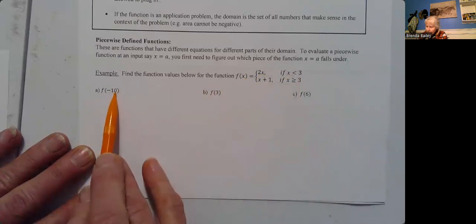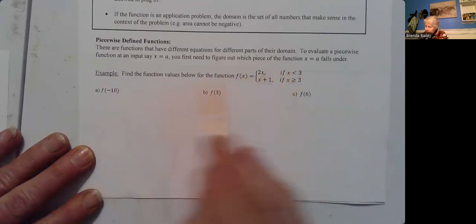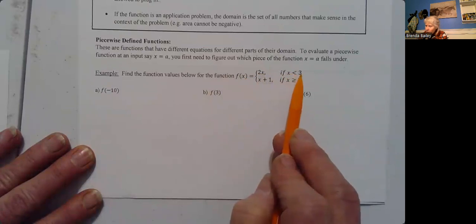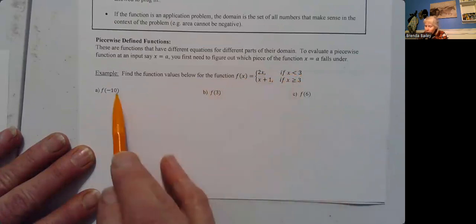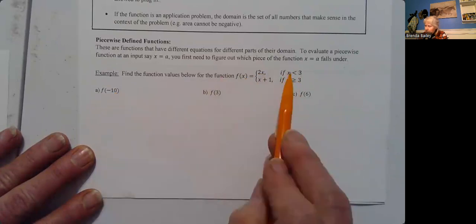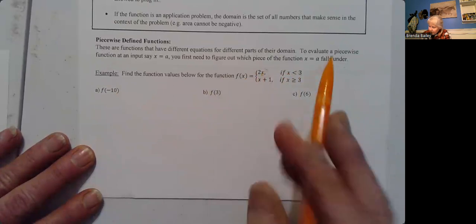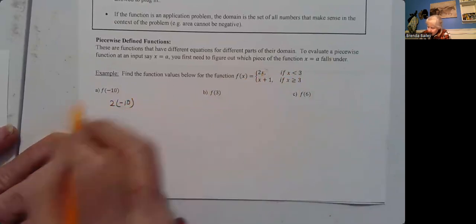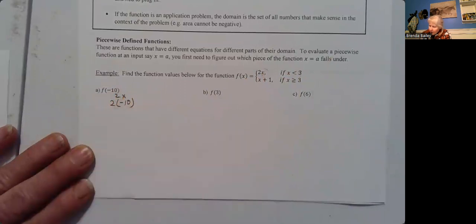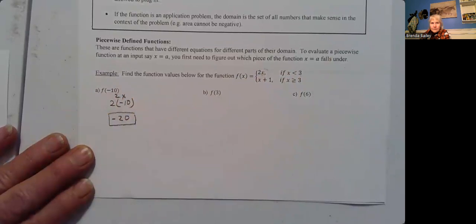Now, you go to negative 10 and you see which one of these it fits. Is negative 10 less than 3, or is negative 10 greater than or equal to 3? Well, we know that negative 10 is less than 3, so we put the negative 10 in right there. We use the 2x part. So our answer is negative 20. All right, let's look at the B. 3.